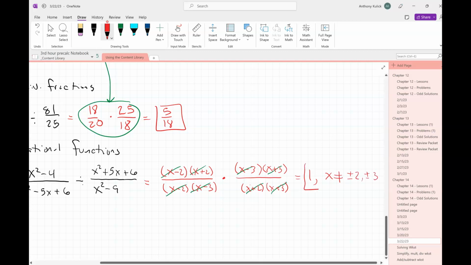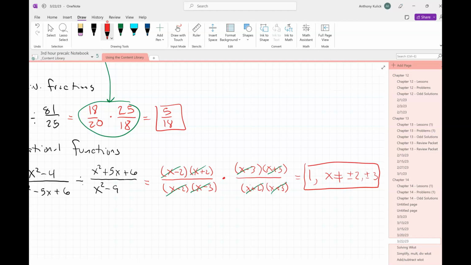Yeah. Positive 2, negative 2, positive 3, negative 3. Yep. Keep it down over there. What do you guys think? No big deal, right? Multiplication, division. Pretty straightforward. Go to lunch.